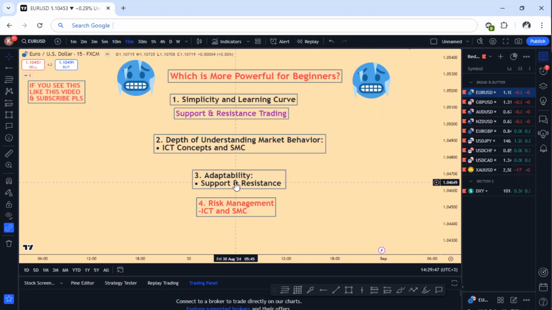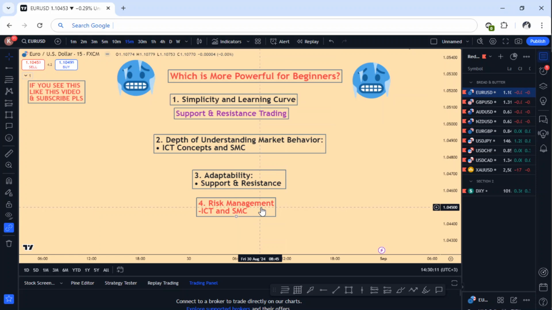That is what I mean. With support and resistance you just copy paste the same concept from one point to the other, while on SMC and ICT you may be required to adapt a lot. That is why we have something called smart money concept and trap zones, or smart money traps.